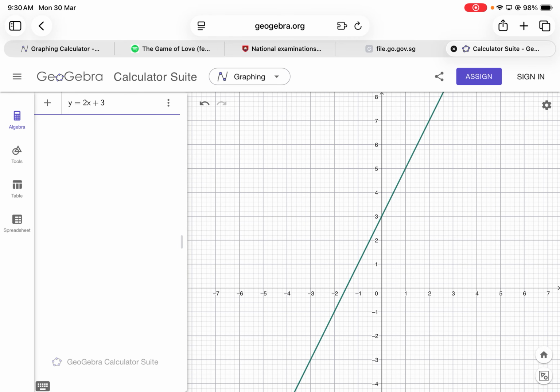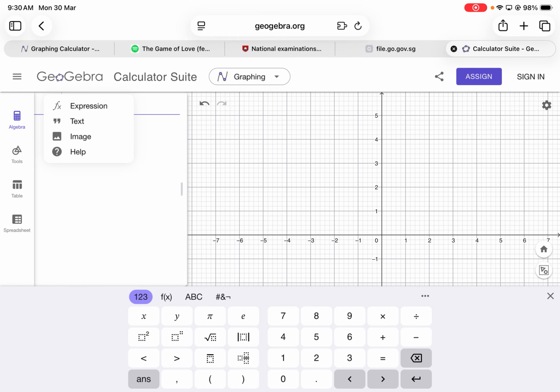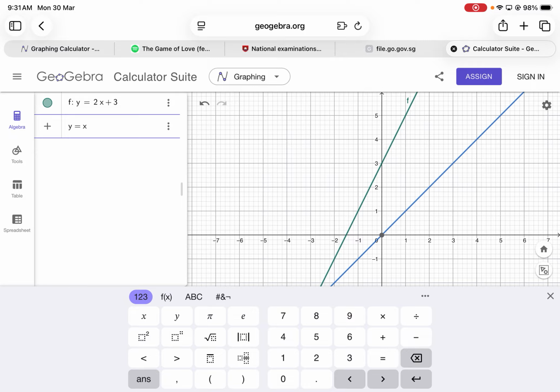Then, if I want another one, I click on the plus. This time you can try, okay, expression. Click on plus, click expression. Then come to the input. Y equals x squared. I type x here, then I click the button for square.